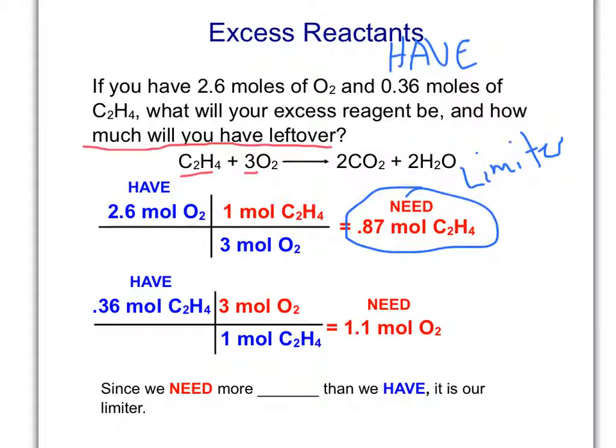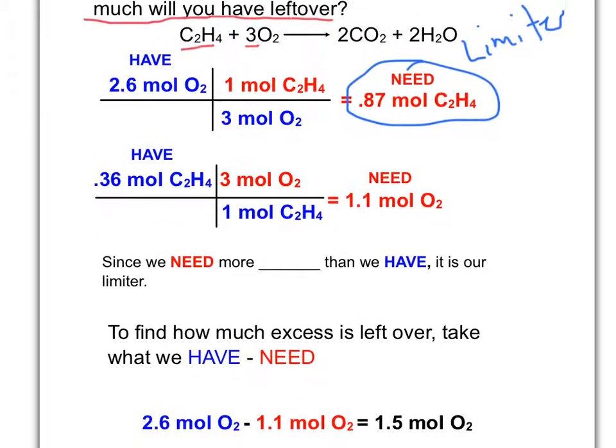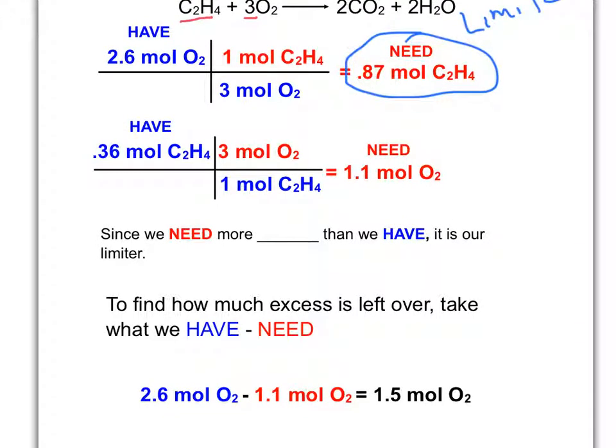But up top here, we've already determined that I have 2.60 moles of O2. So we can go through and fill this in. Since we need more C2H4 than we have, it is our limiter.